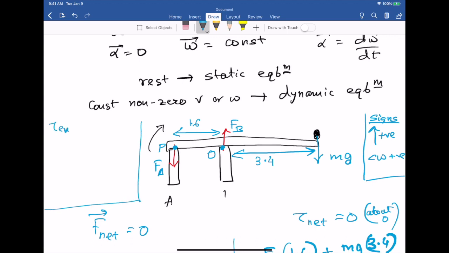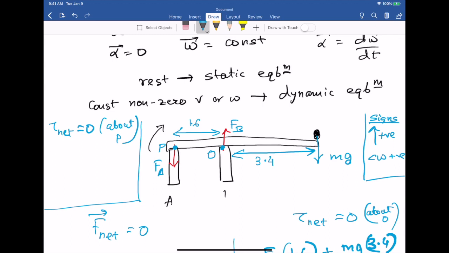We are doing net torque about a new reference point P, and we are just doing this for practice.